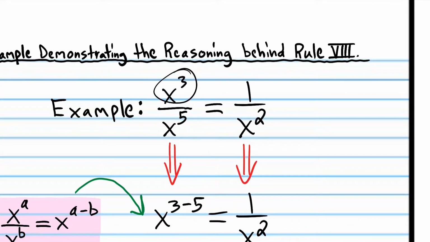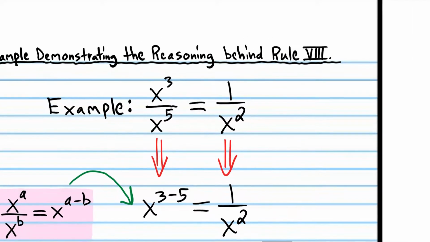Now, we haven't done this type of problem yet where the exponent in the denominator is bigger than the exponent in the numerator. We haven't done that in this class, but we have done it in my pre-algebra course. In my pre-algebra course, we learned that you just write the power expression in the denominator because there's more x's in the denominator than the numerator.